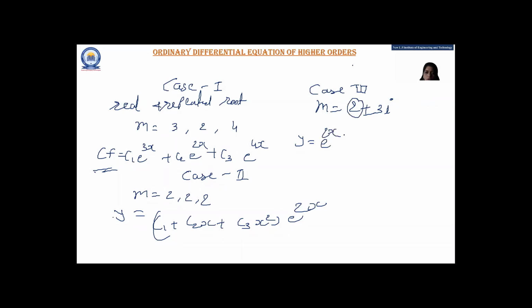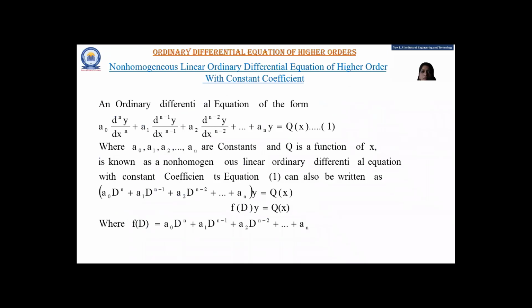So the solution is e^(2x) (C1 cos 3x plus C2 sin 3x). So students, please make sure that you remember these 3 cases: case 1, case 2, and case 3. This is for the homogeneous differential equation. Today we are going to solve the non-homogeneous differential equation.